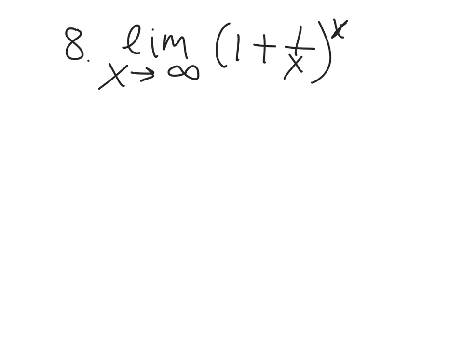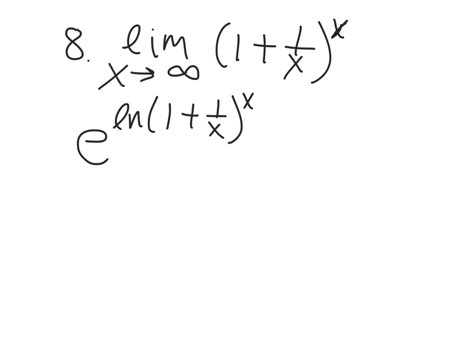Well, this can be done in, like I said, a couple different ways. We do have the indeterminate form of 1 to the infinity, but we can't use L'Hopital's rule in that form. So what Professor Berger showed was we take e to the natural log of this, and then basically we work on the exponent.